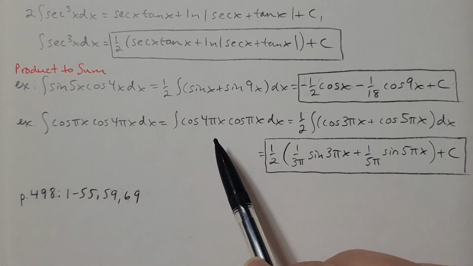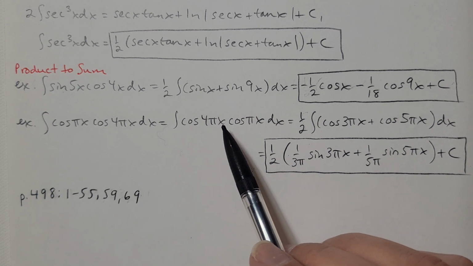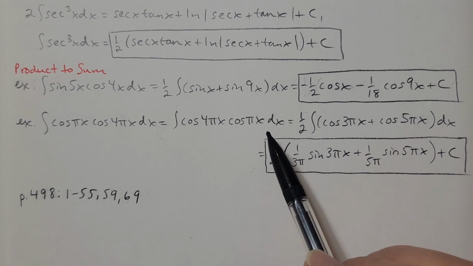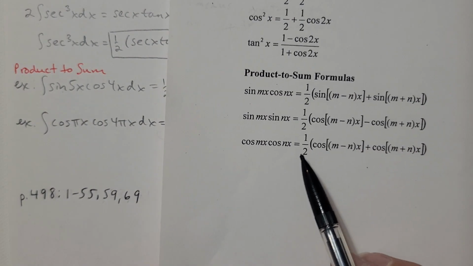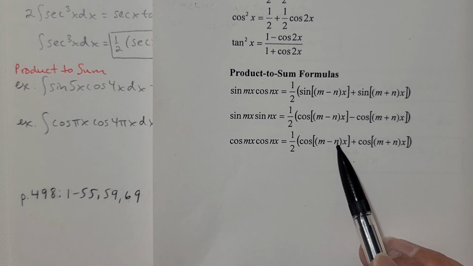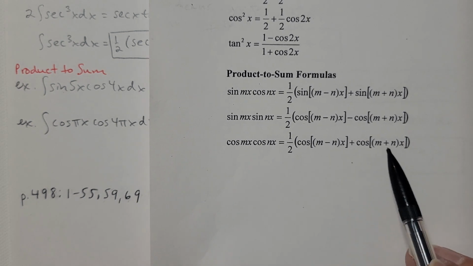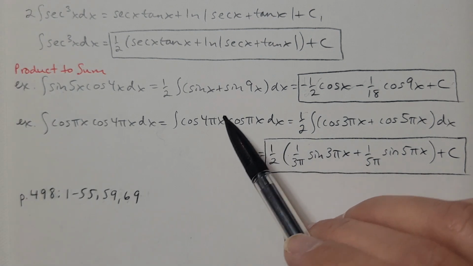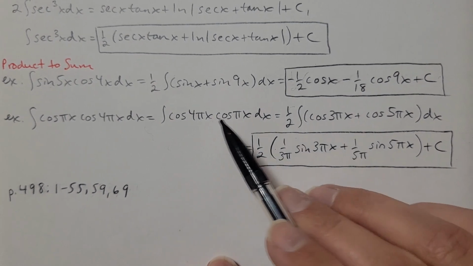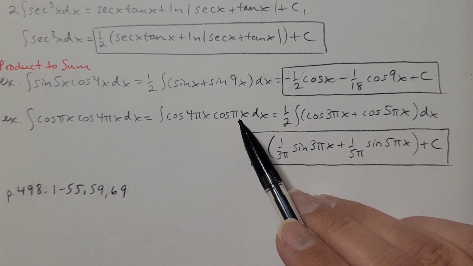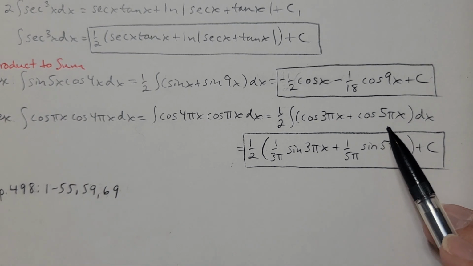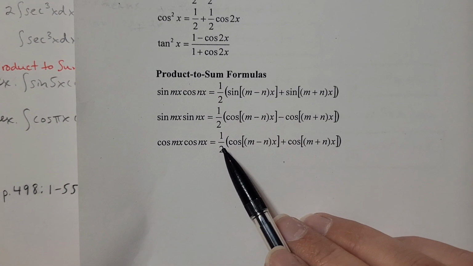Same thing, I'm integrating cosine of 4 pi times x times cosine of pi times x dx. I'm going to use this formula here. I'm supposed to subtract the angles and then add the angles. So 4 pi times x minus pi times x, that's 3 pi times x. 4 pi times x plus pi times x, that's 5 pi times x. And I've got a 1/2 in front of this.